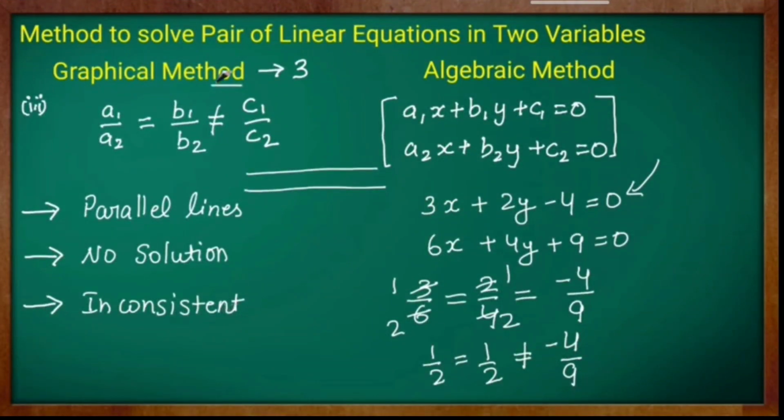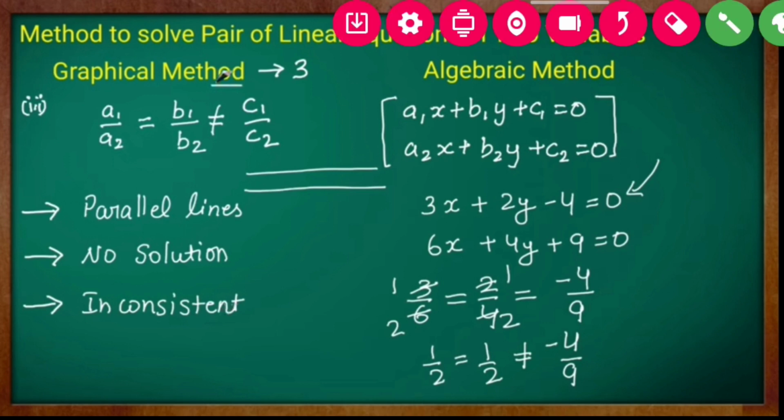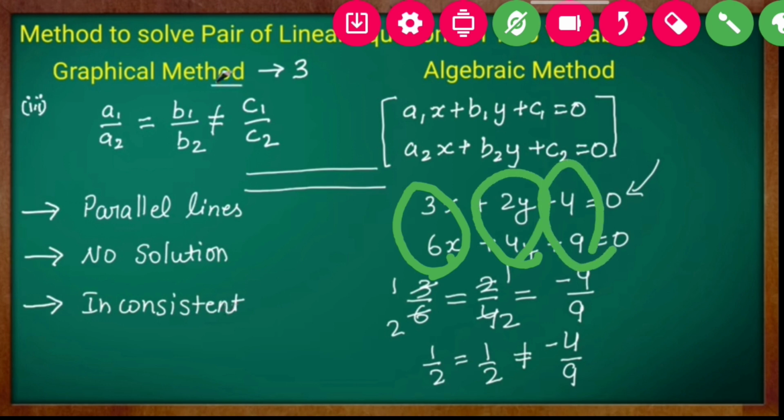Next, in the graphical method, the third point. If we compare a1 upon a2, b1 upon b2 and c1 upon c2, what happens? First a1 upon a2 is 3 upon 6, b1 upon b2 is 2 upon 4 and c1 upon c2 is 4 upon 9.